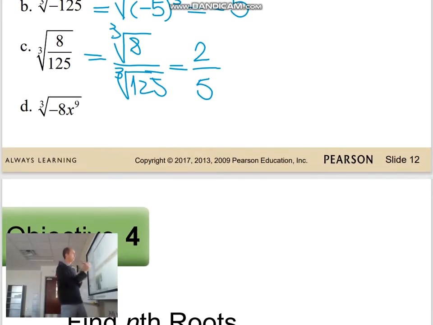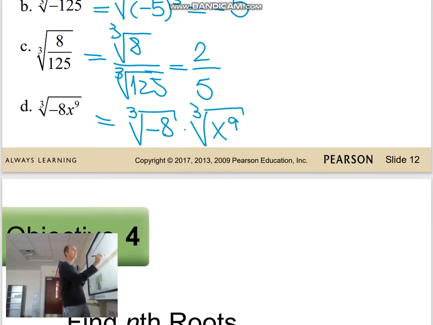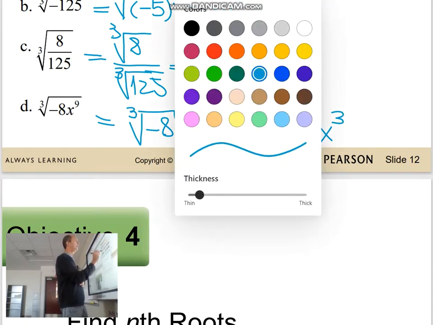And the last example we have here is cube root of negative 8 times x exponent 9. We can write this as cube root of negative 8 times cube root of x exponent 9, and then cube root of negative 8 is negative 2, cube root of x exponent 9 is x exponent 9 divided by 3, x cubed. That is the answer.